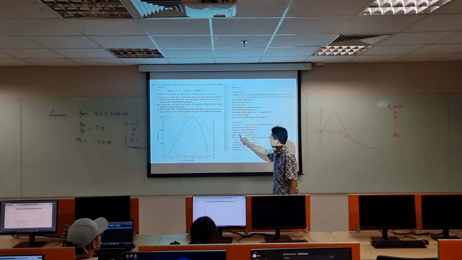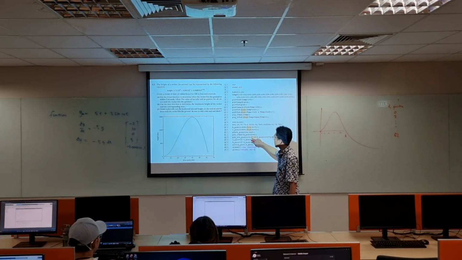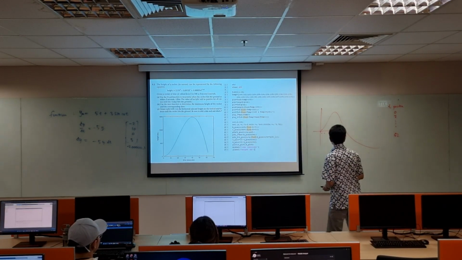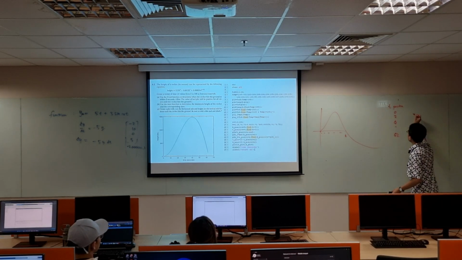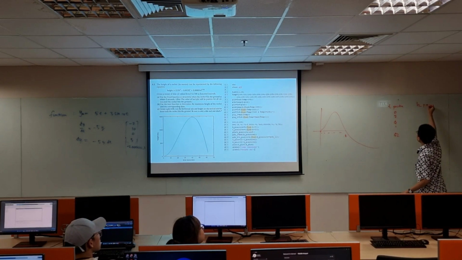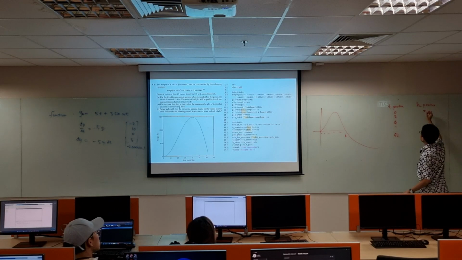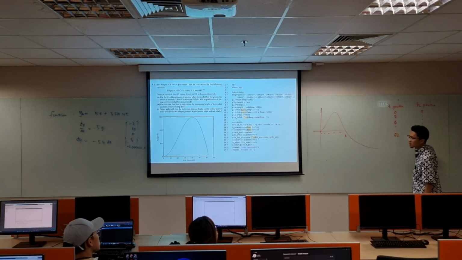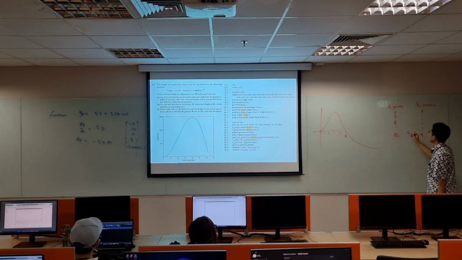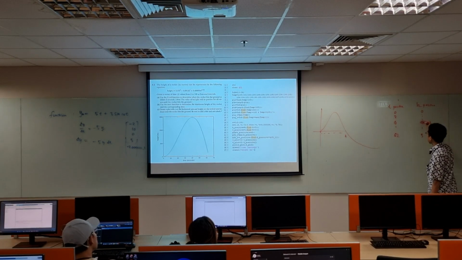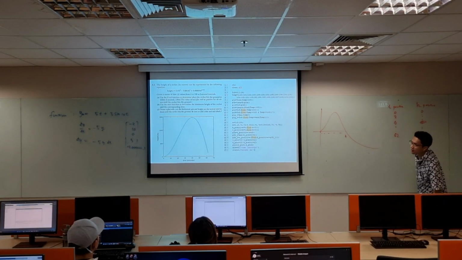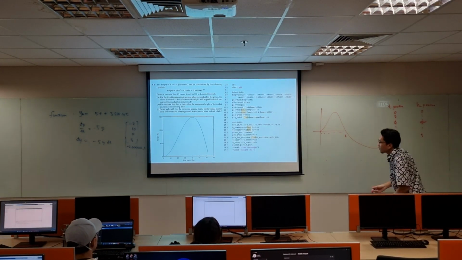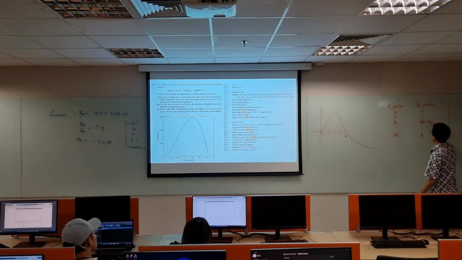We get the value of the maximum. Because I want to find out the T, I have the H positive here. H positive is 0 up to some number, maybe 3 meters. Let's say I know the maximum is here, about 1,400.